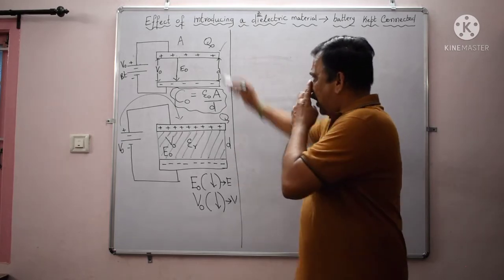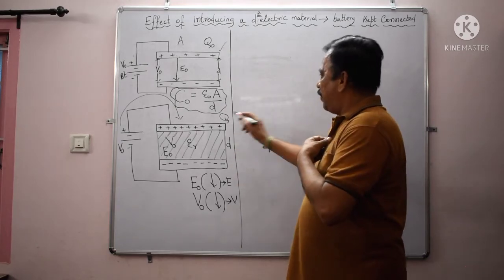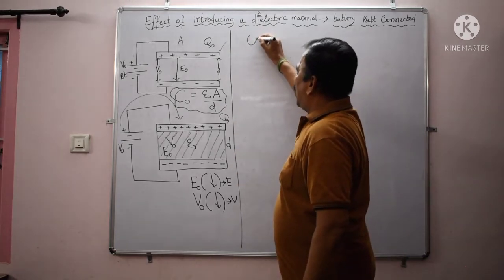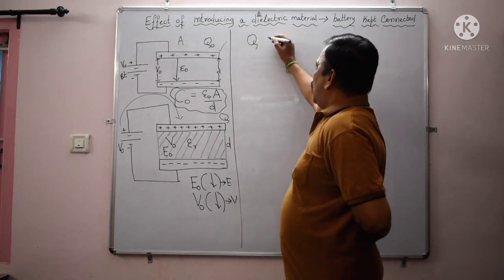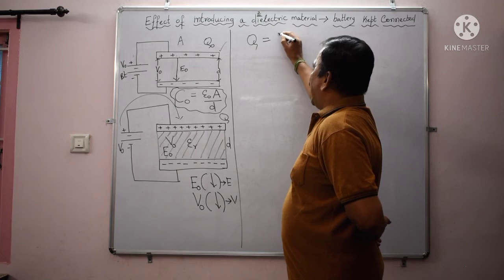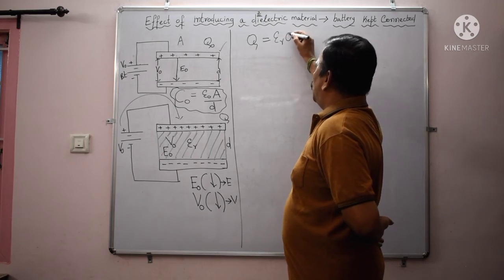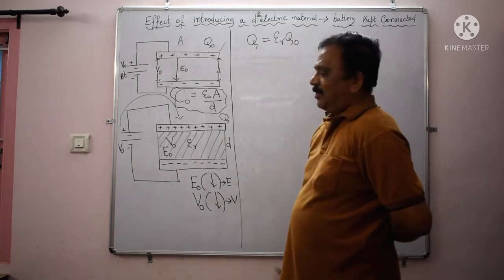Okay, right. So the charge has increased, and we can show that the charge Q after introducing the dielectric will be equal to epsilon r times Q0.